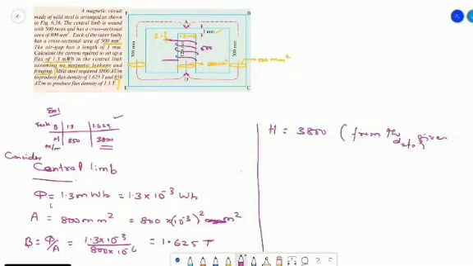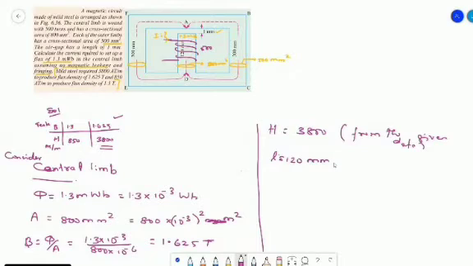So if you want to differentiate, you can give phi 1, A 1, B 1, H 1 and all that. I am writing it without the subscript. So L, the length of this central limb, is given to be how much? So the length is given to be 120 mm. If you see the question, it is already marked here. L is 120 mm.